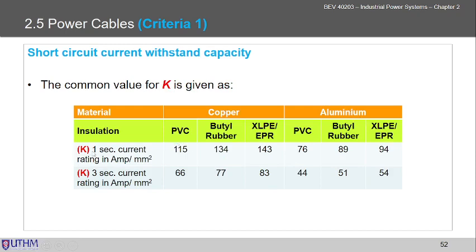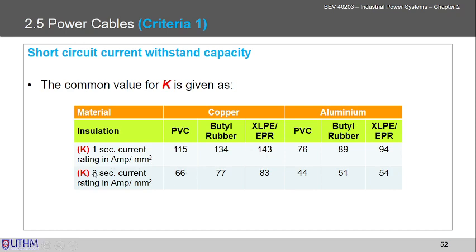And the insulation also depends on 1 second or 3 seconds, as we have mentioned previously. 1 second protection or 3 second protection. Normally we calculate for 1 second, in ampere per meter square.